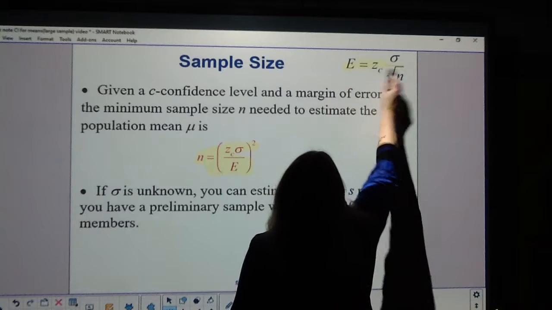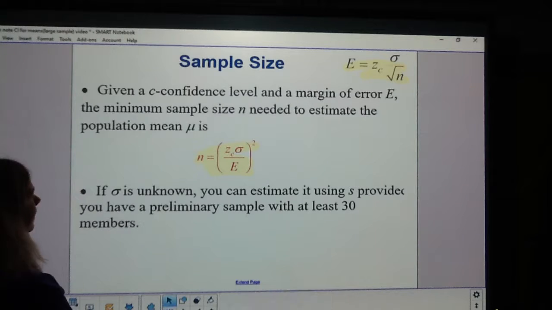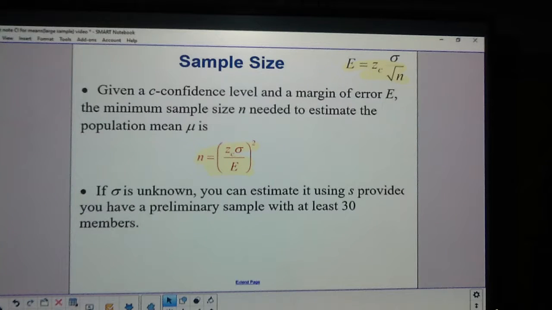So these are the same formulas. This one's just solved for n. Okay? And if the standard deviation is unknown, you can estimate it using the S that they give you in the preliminary data. You have to have an n being greater than or equal to 30.